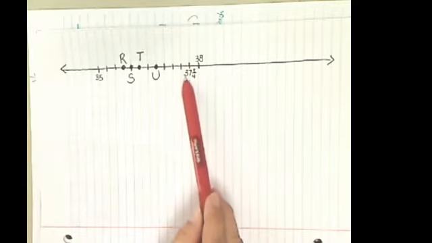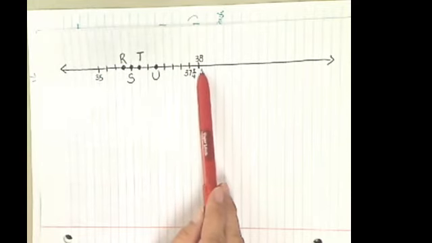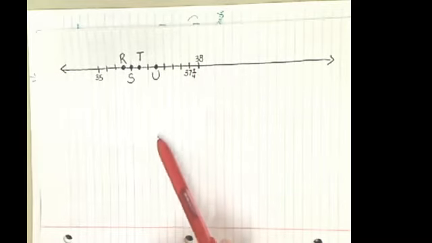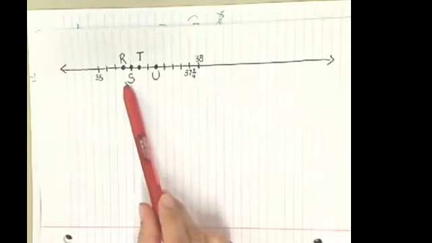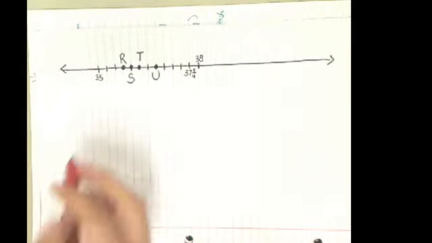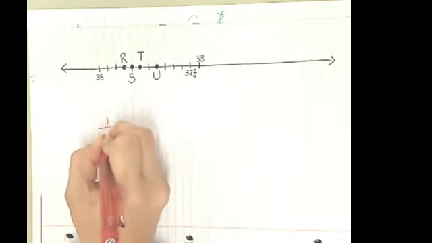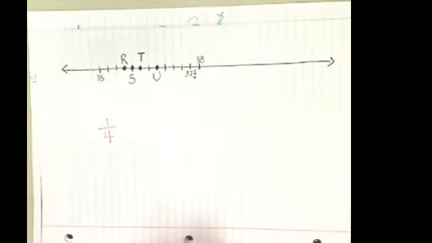Always figure out what the number line is counting by. So this number line, here you've got two that are very close to each other. 37 and 3/4 and then 38. The next whole number over here. So what is this number line counting by? Each little mark is 1/4.